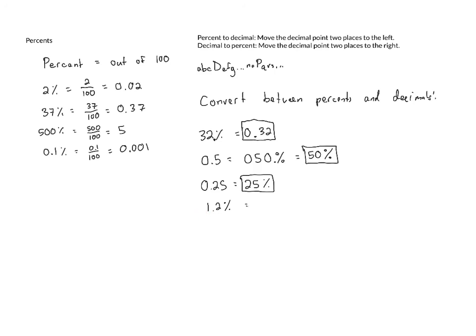So we've got 0, 1, 2. The decimal started between the 1 and the 2. When we move it 2 places to the left, it goes to the left of that 0. And we're going to put one more 0 out front as a placeholder to make it look nice. And so we have 1.2% is equal to 0.012.